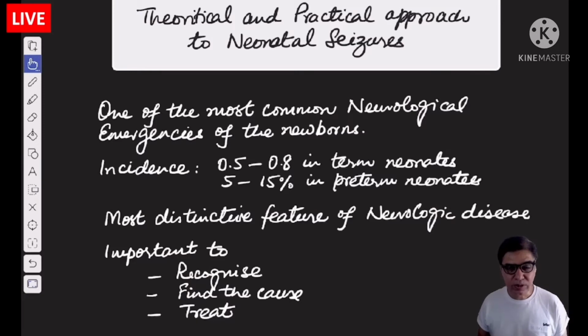And it's also important to find the cause, because there is a myriad of different conditions which can cause these neonatal seizures, and it's a sort of detective hunt to look for the reasons or the etiology. And it's also very important to treat the seizures, because if you don't treat them, the long-term outcomes in terms of neurological morbidity are quite high.